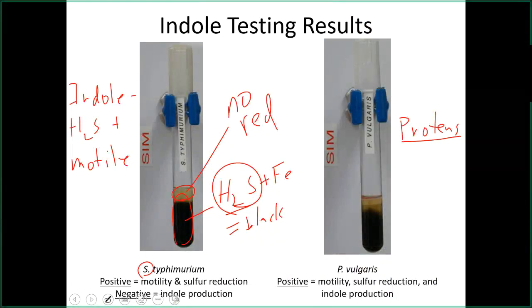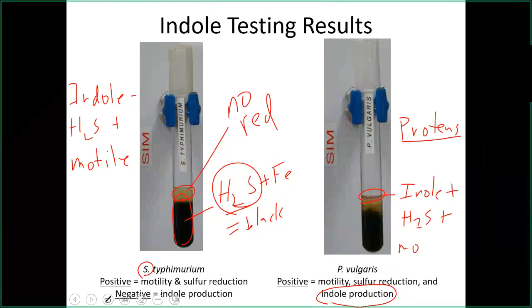It is motile. The only difference is it does, in fact, produce indole. And you can see right here at the top, see the red color? Kovacs was added, and we've got a little bit of red color, so we're going to call that indole positive. So it's indole positive, positive for sulfur reduction, and it is motile.